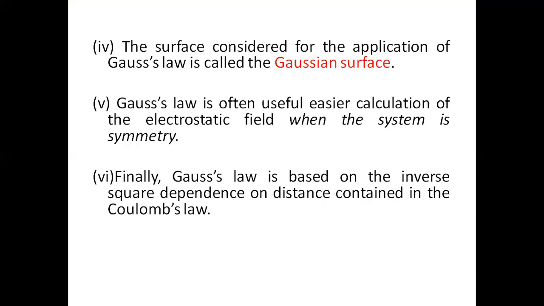Finally, Gauss's law is based on the inverse square dependence on the distance contained in Coulomb's law, so it also follows Coulomb's law. All these points we have to keep in mind while using Gauss's law.